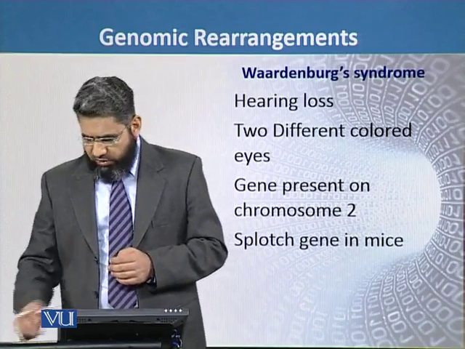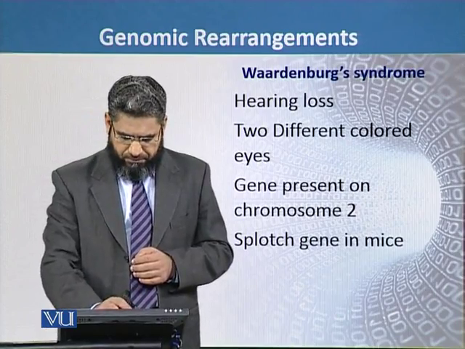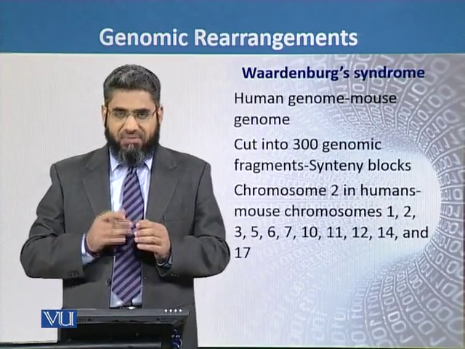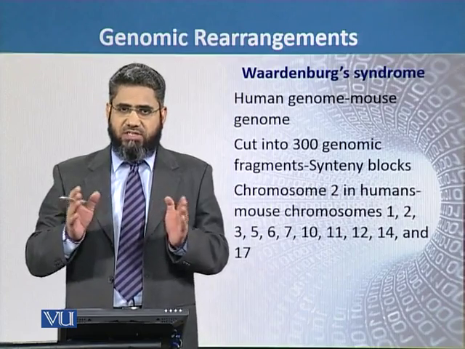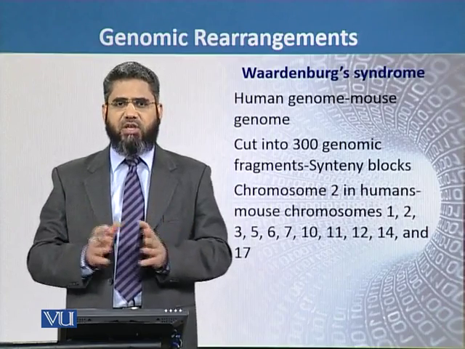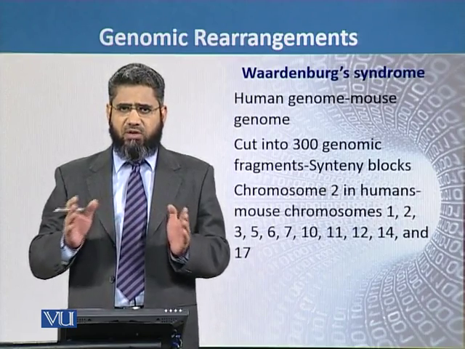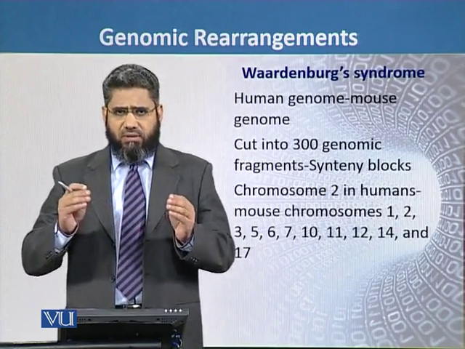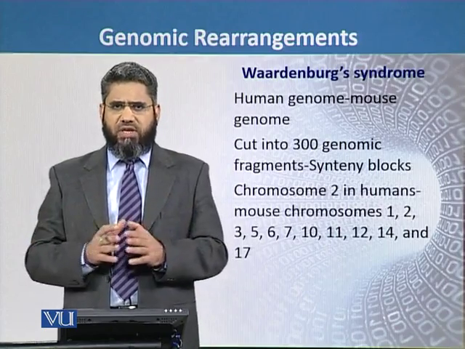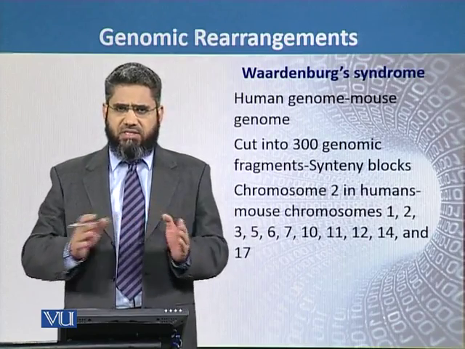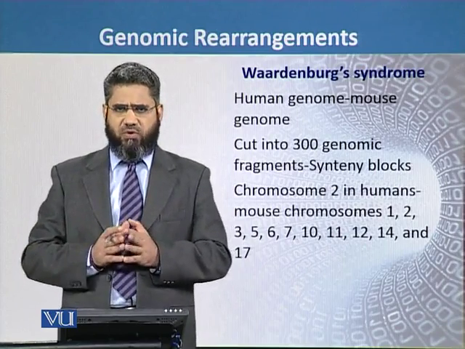It was also noted that this gene has the same location in humans too. So it was concluded that many of the sequences of the mouse genome are also present in the same sequence in the human genome.